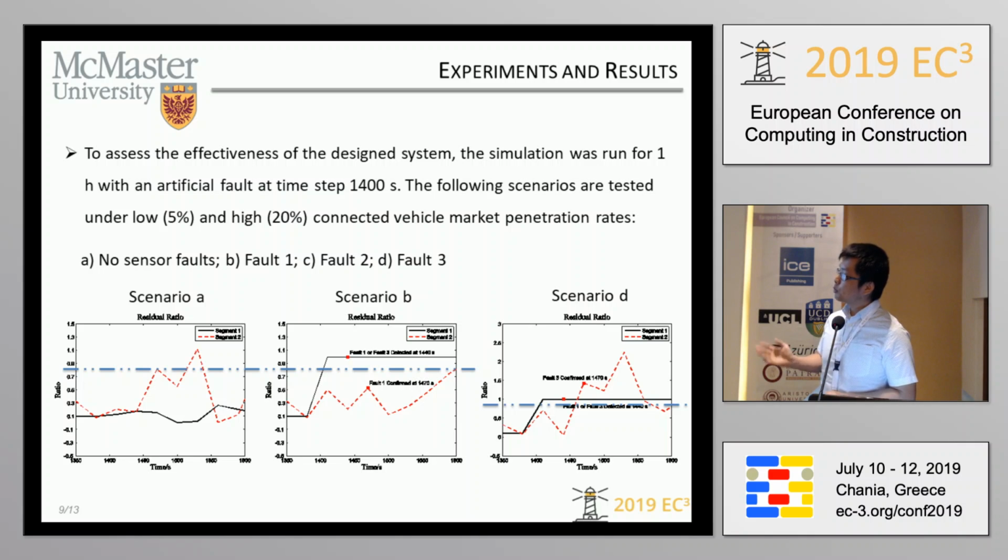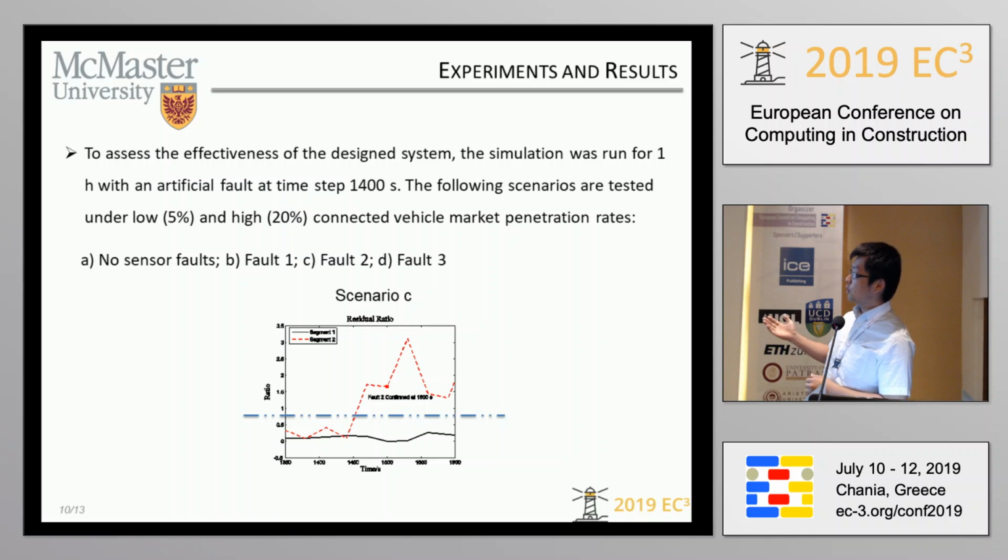And with respect to the no sensor fault scenario, although the residual exceeds the pre-selected threshold, we compare the residual with the historical residual. In this way, we can avoid a false alarm in no sensor fault scenarios. And also, in scenario C, you can see the residual exceeds the threshold, and then we can detect the sensor fault and confirm the sensor fault.